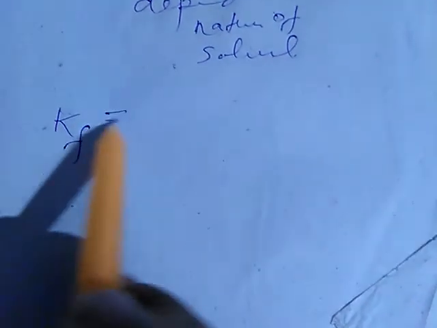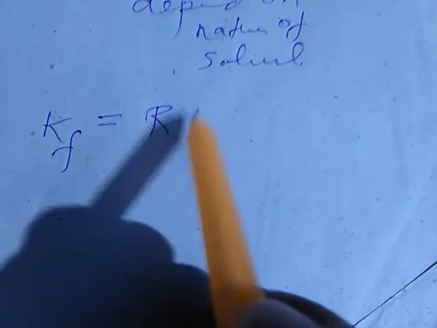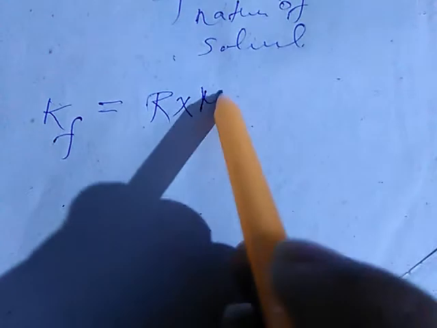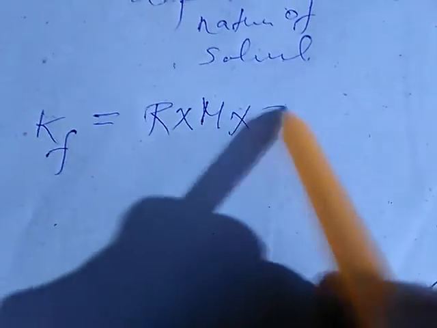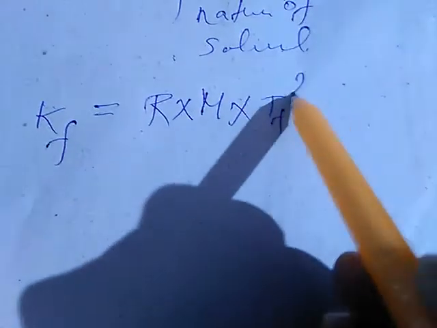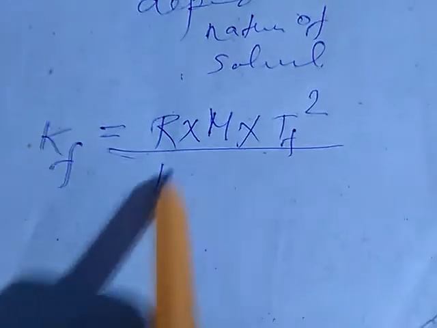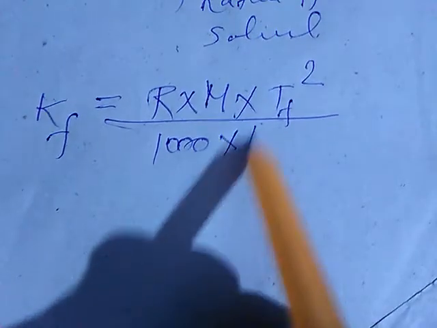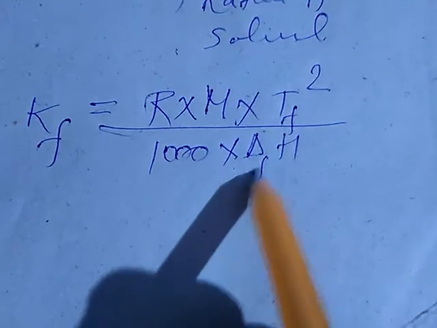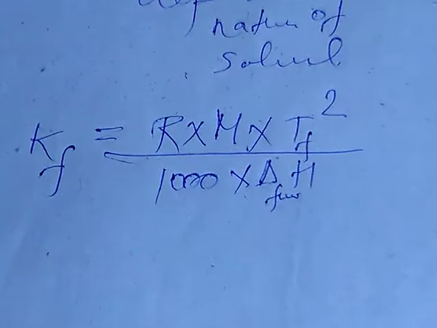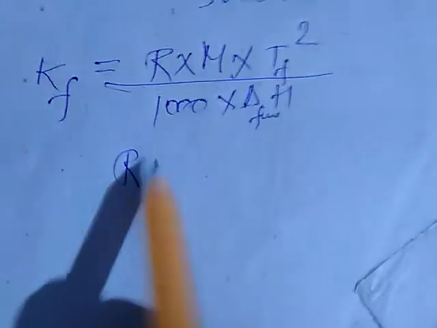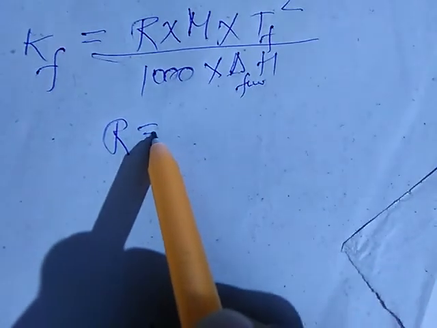The last expression which we have to keep directly in our mind is that of Kf. This Kf is equal to R into M into Tf squared by 1000 into delta H of fusion. Here R stands for gas constant.